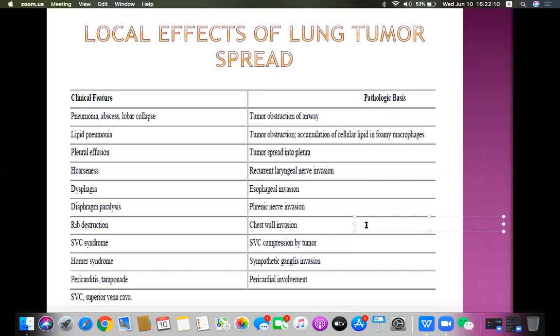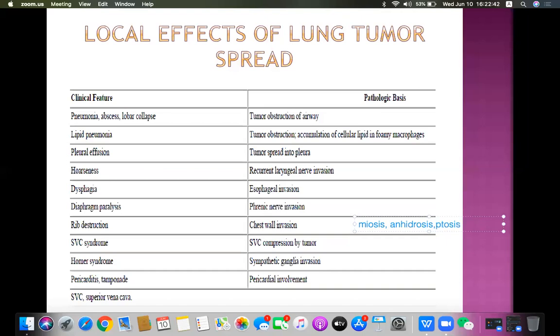So the 4 features I'm going to write about Horner syndrome. First is called miosis, that is constriction of the pupil. Second, anhidrosis, lack of sweating in the forehead and face area. Now, third is ptosis.